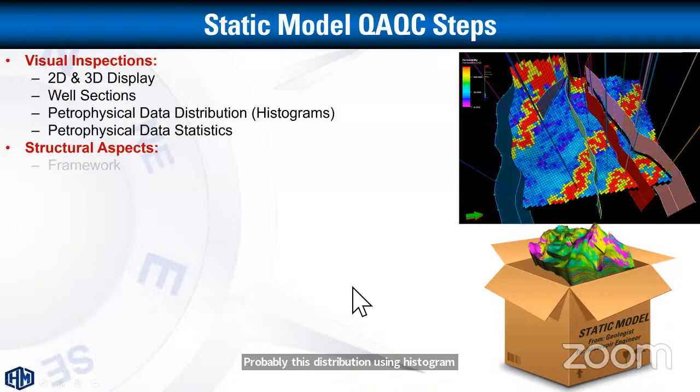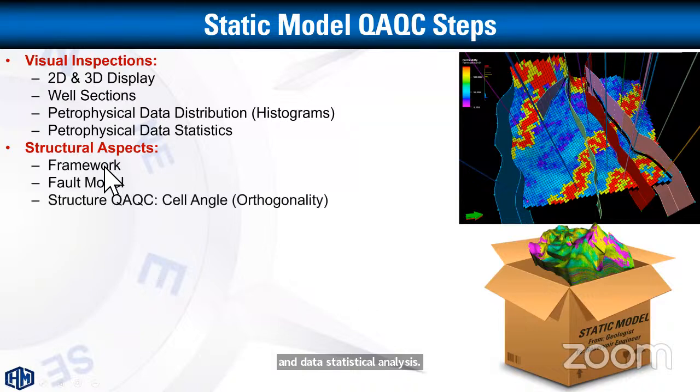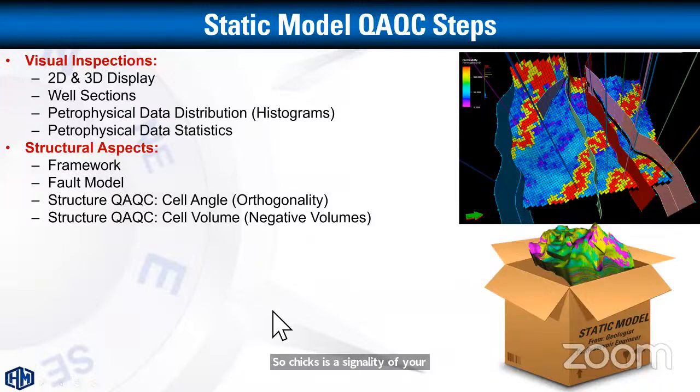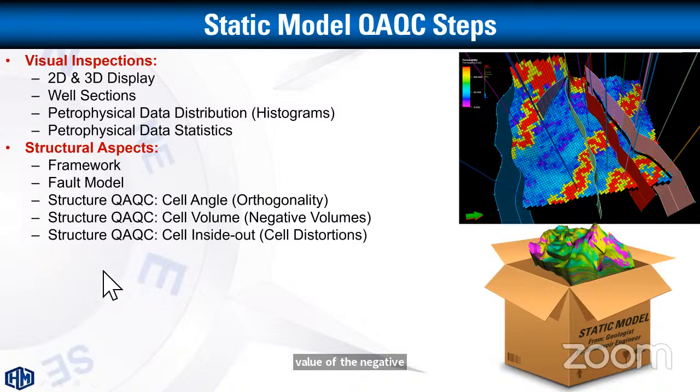Structural quality check, like the fault model and structure framework, and 3D grid quality check, like checking the cell angle, the orthogonality of your cells, and cell volume, to check the number of negative volumes in your 3D grid, and also the cell inside out check for distortions within one grid block or grid cell.